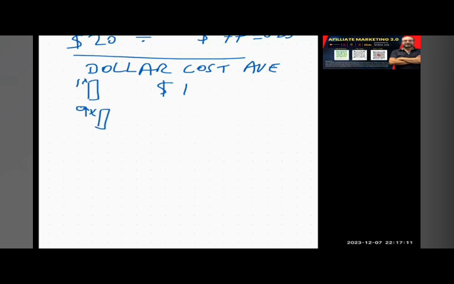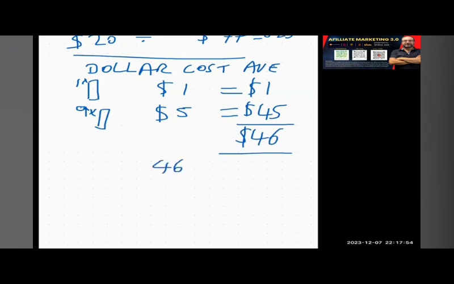So this iPhone costs me $1, and these 9 iPhones cost me $45. That means that now in total, I've spent $46. So if I divide 46 by 10, that gives me a dollar cost average of $4.60.